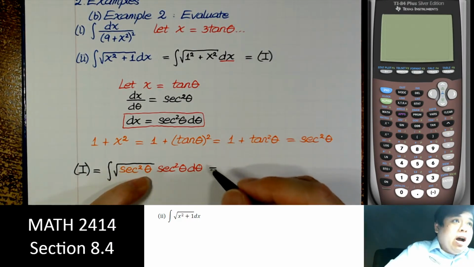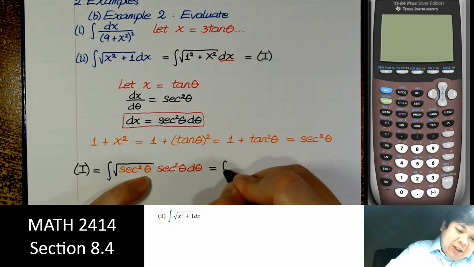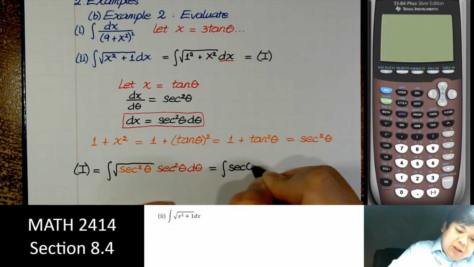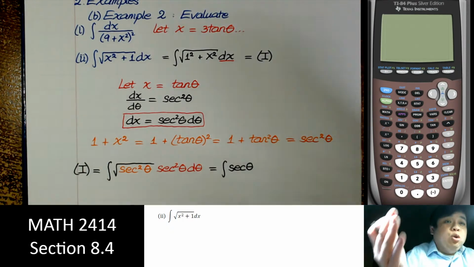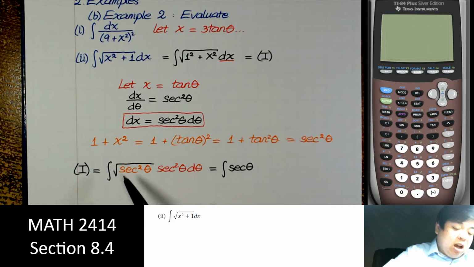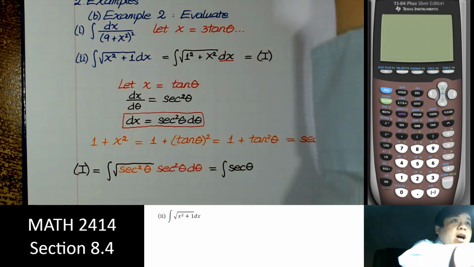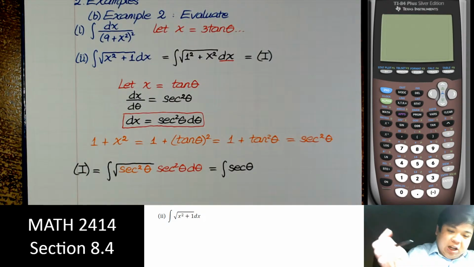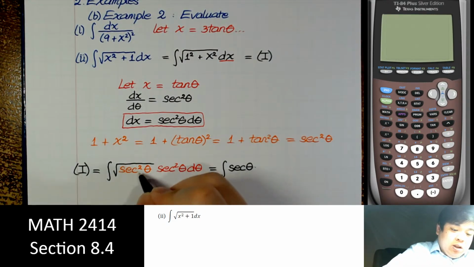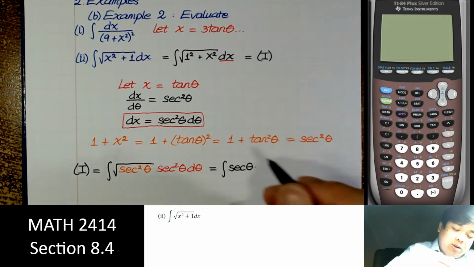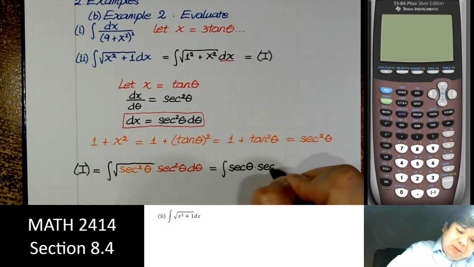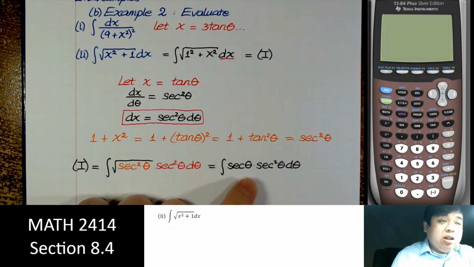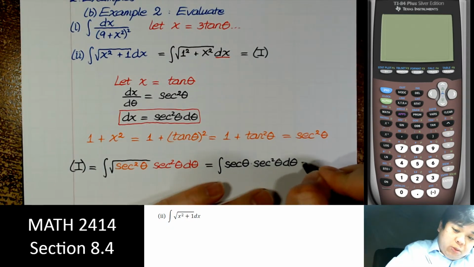So the square root of a square is just secant. Like we assume that everything is satisfied, so the square cancels the square root. Once again, in general, it should be absolute value, but we assume that there's some certain condition that is positive, so it will cancel out. Now, secant times secant squared, that is secant cubed.